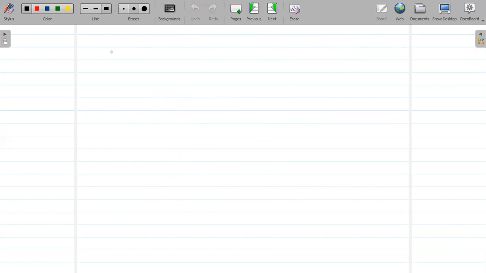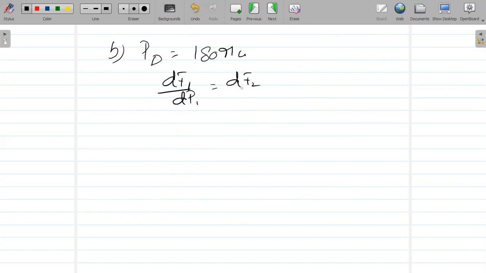Then we consider the second problem, that is total load demand equal to 180 megawatt. Again here, what is the economic operating schedule? dF1 by dP1 equal to dF2 by dP2.